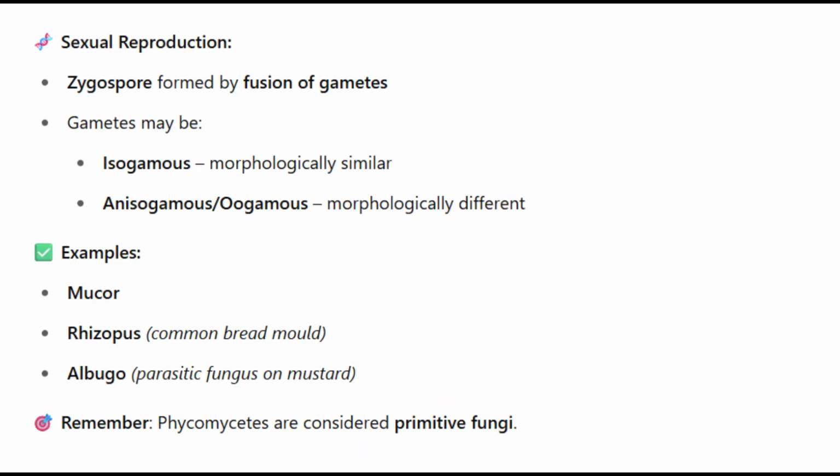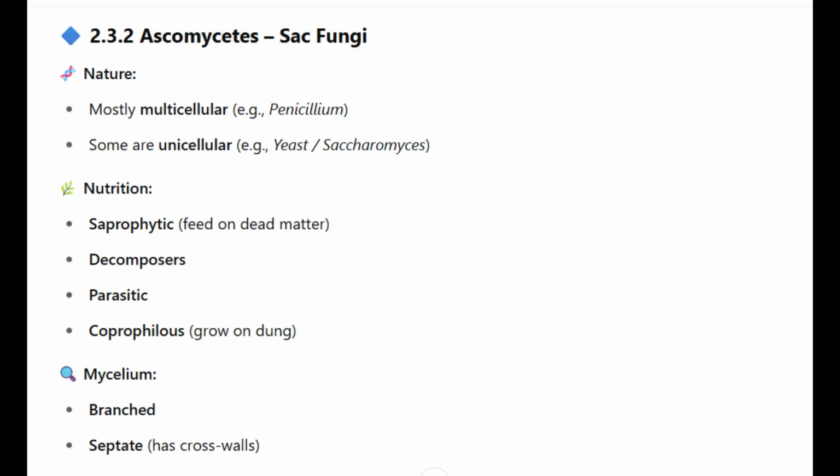Sexual reproduction: zygospore formed by fusion of gametes. Gametes may be isogamous, morphologically similar, or anisogamous or oogamous, morphologically different. Examples: Mucor, Rhizopus, common bread mold. Albugo, a parasitic fungus on mustard. Remember, Phycomycetes are considered primitive fungi.